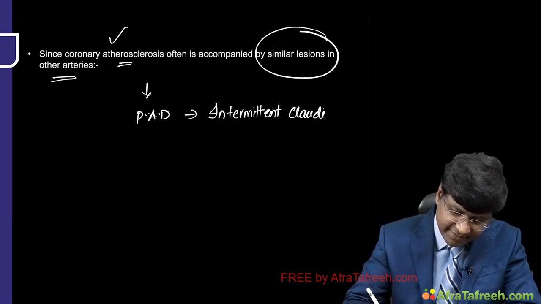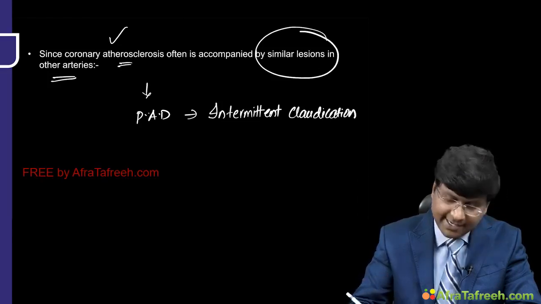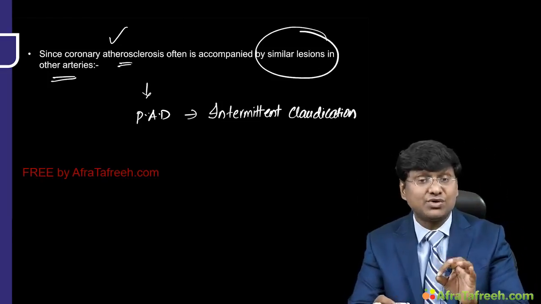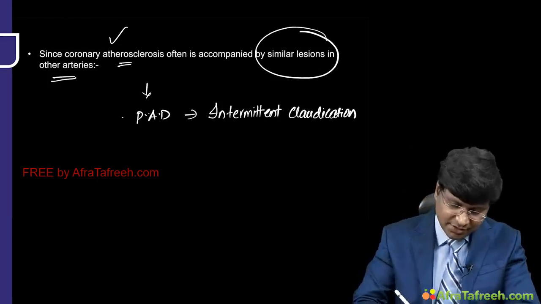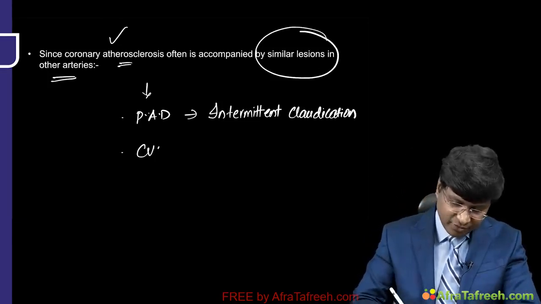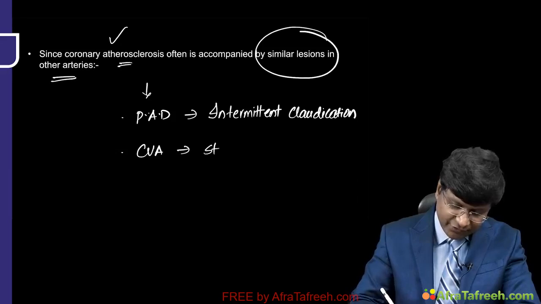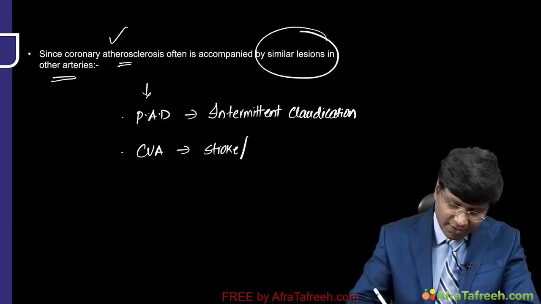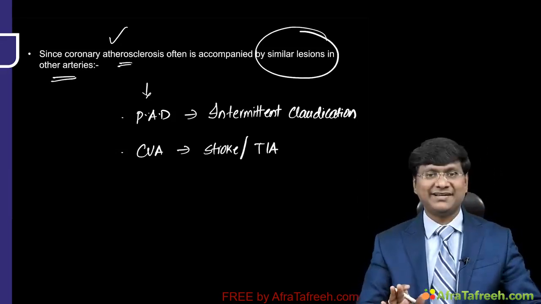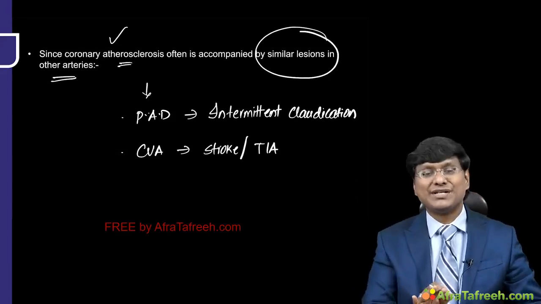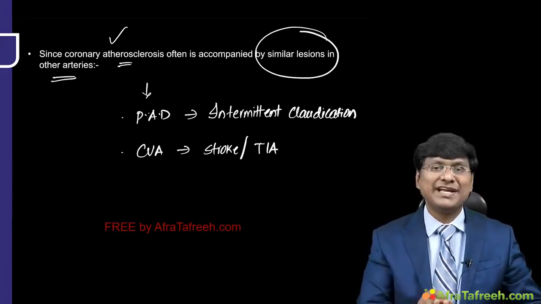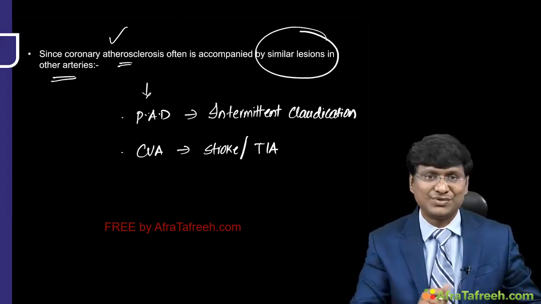The atherosclerosis can also occur in the cerebral circulation causing cerebrovascular accident, that is in the form of stroke or transient ischemic attack. So coronary atherosclerosis is associated with atherosclerosis in other vessels also.